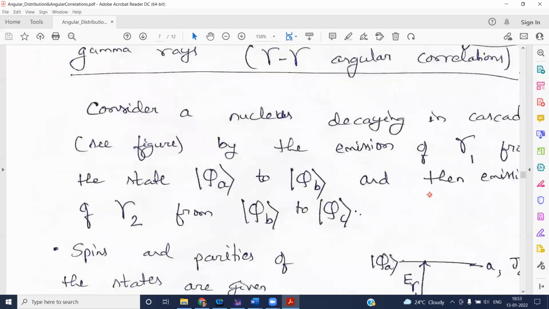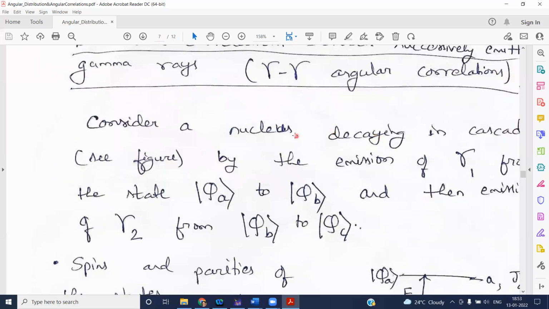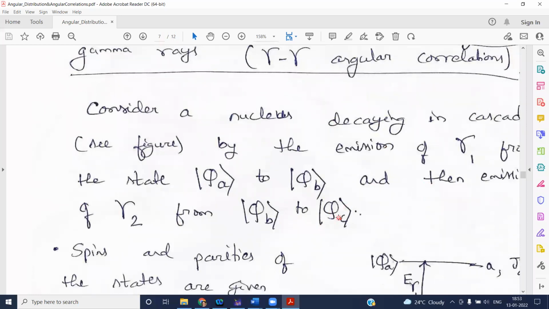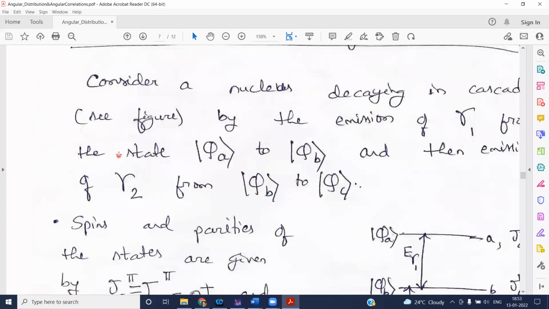Now, if I have a nucleus decaying in a cascade way by the emission of gamma 1 from the state phi A to phi B, and then emission of gamma 2 from phi B to phi C, let us take such a nuclear decay. There are some nuclei which emit 2 cascaded gamma rays.